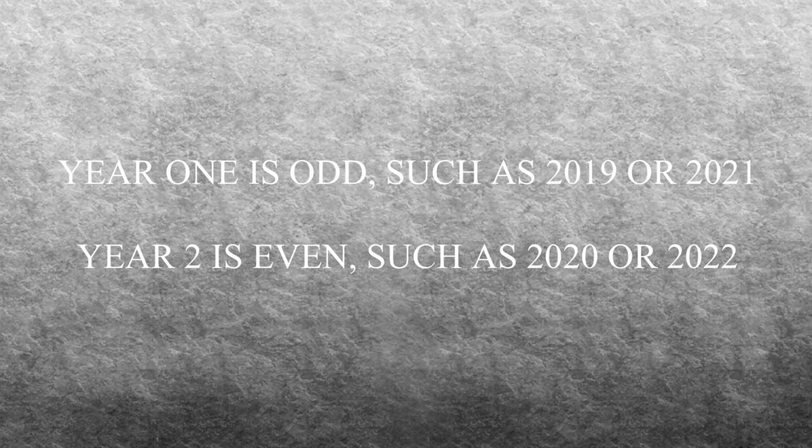So there's also a weekday cycle that's divided into 2 years, and these are for our daily Masses. So year 1 is odd. So last year and next year is year 1, it's odd, and year 2 is even, such as this year and in 2022. So the gospel readings for year 1 and year 2 are the same.